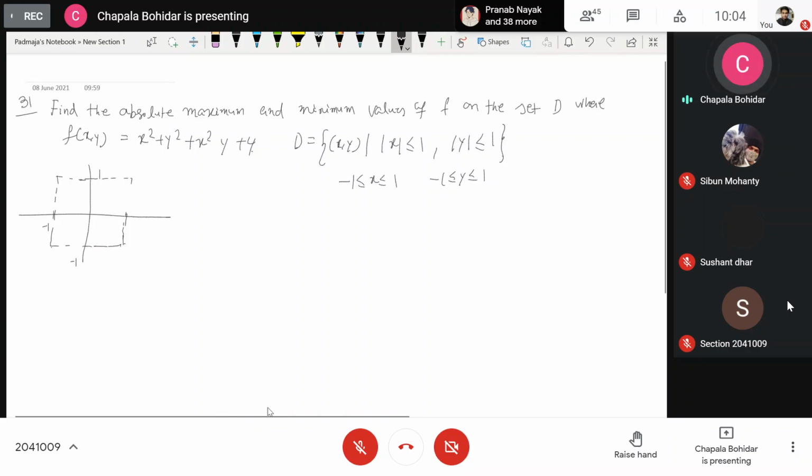This point is -1, -1. This point, on the positive side of x, is 1, -1. This is 1, 1. On the negative side of x, it is -1, 1. Clear to all of you? So these are the lines L1, L2, L3, L4.